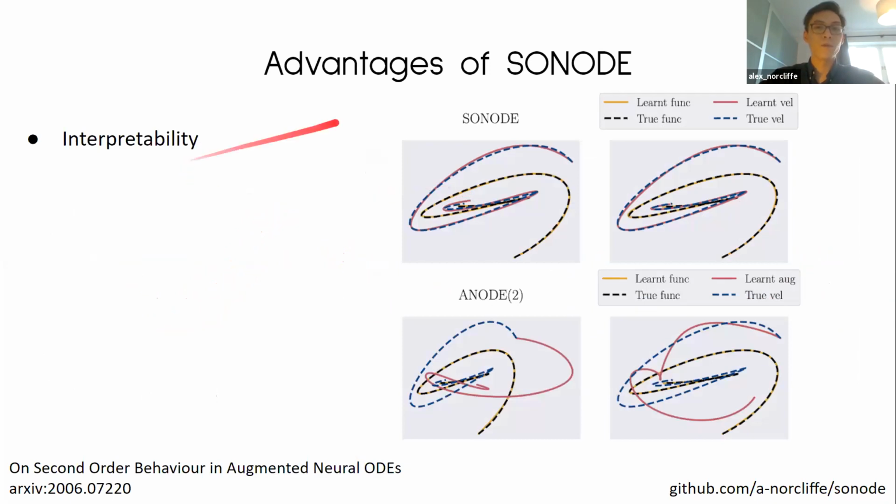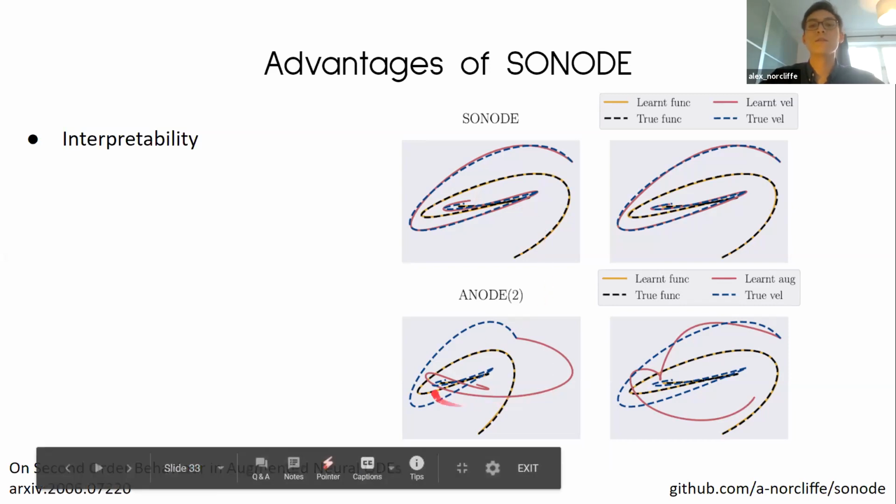And as mentioned before, we know that SONODEs are more interpretable than ANODEs because they always have to learn the correct acceleration, functionally at least, whereas ANODEs can learn some quite weird augmented trajectories and still get the same trajectory it wants to see.